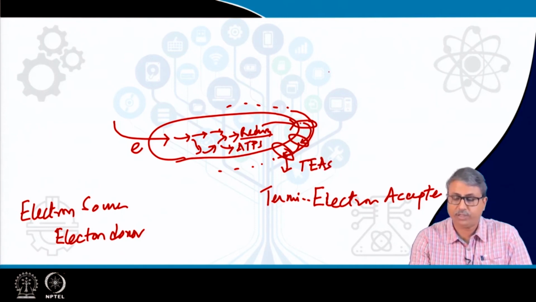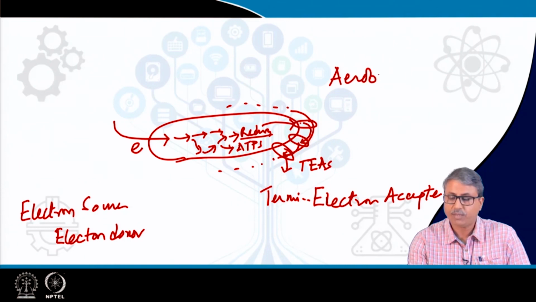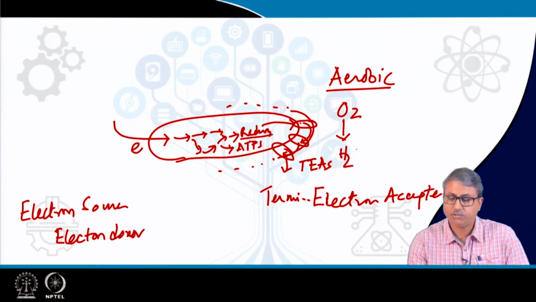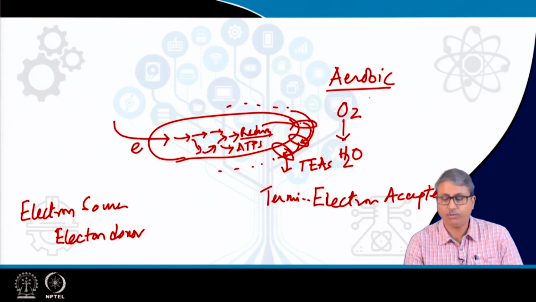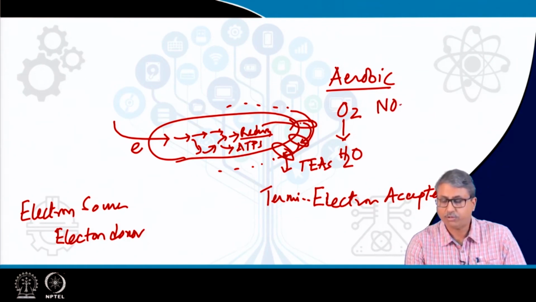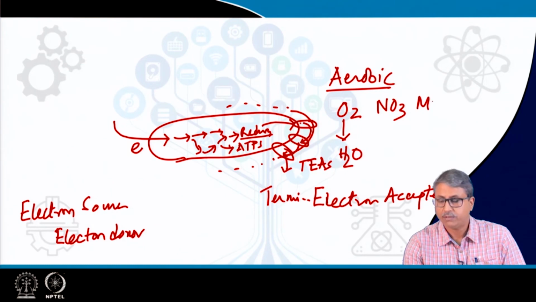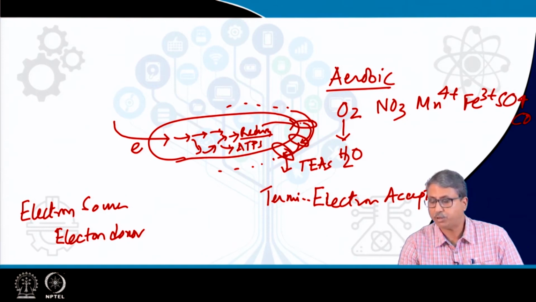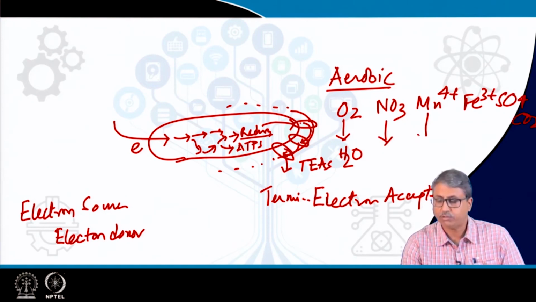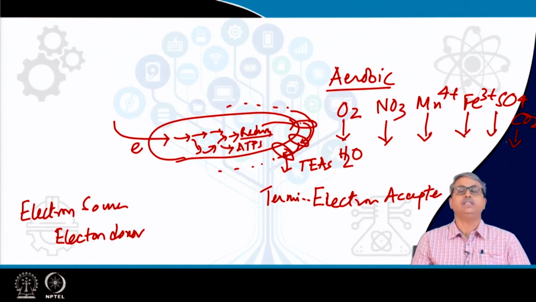So, under the aerobic condition, for example, it is the oxygen that acts as the terminal electron acceptor, and oxygen is reduced to water. However, under anaerobic condition, compounds like nitrate, Mn4 plus, iron, sulfate and even carbon dioxide can also accept the electrons, and then they produce the reduced product.